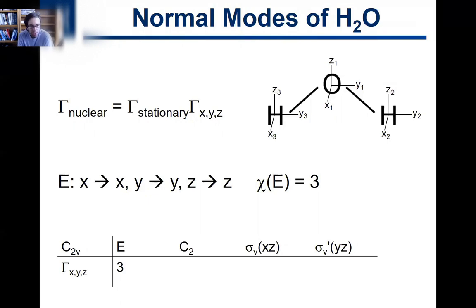So for gamma XYZ, we ask the question, okay, what happens to XYZ? And that's going to be on the center of the molecule, okay? So that's always going to be on the center of the molecule. So in this case, that's oxygen. What happens to X, Y, and Z when you do the identity? Well, X is going to go into X, Y goes to Y, Z goes to Z because the identity doesn't do anything.